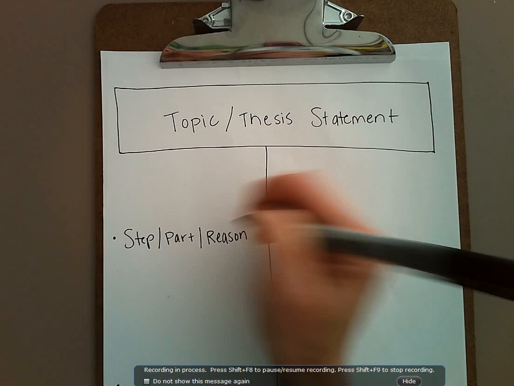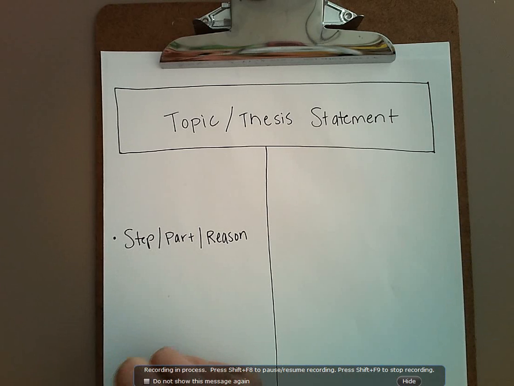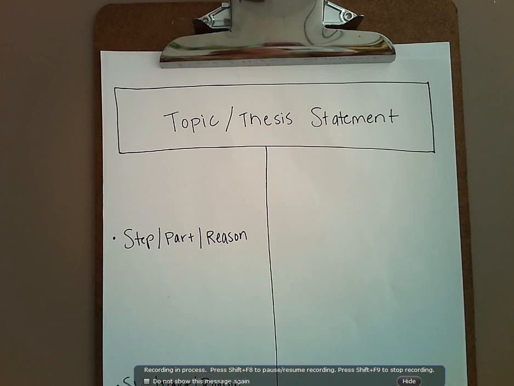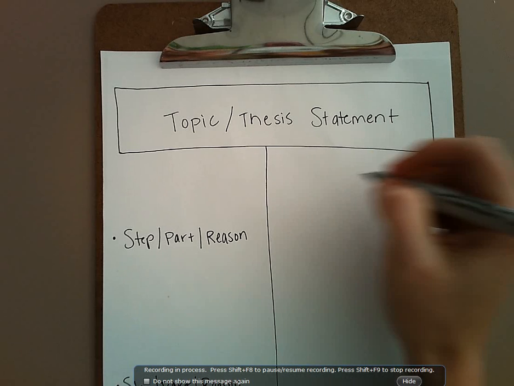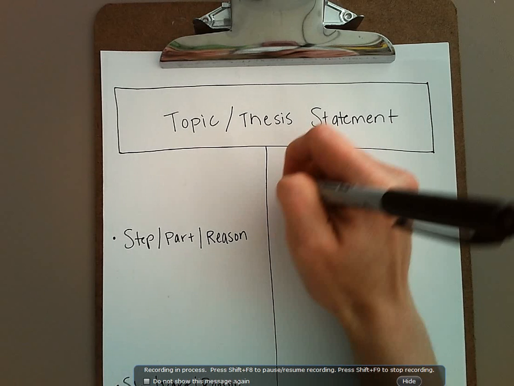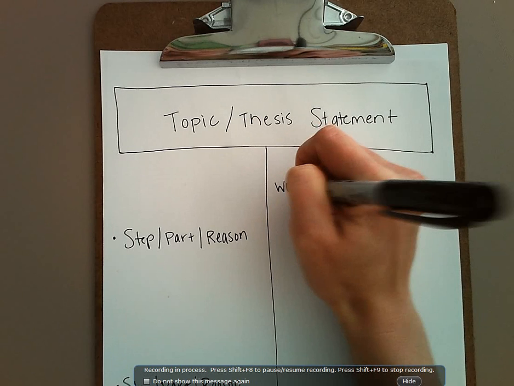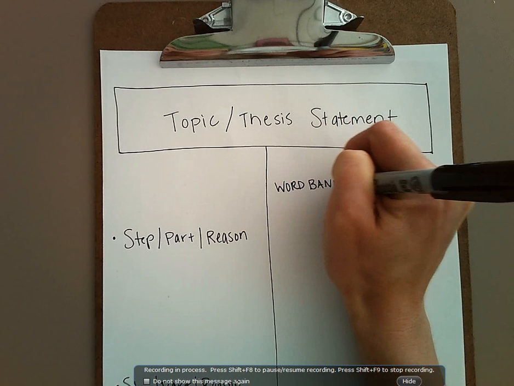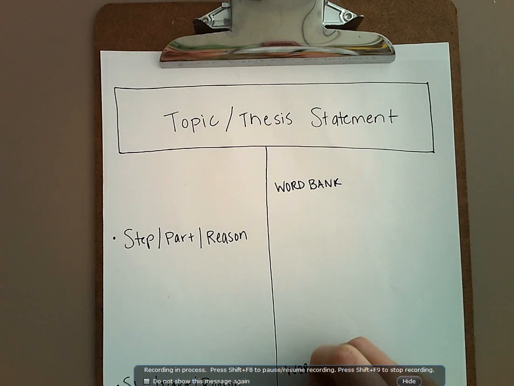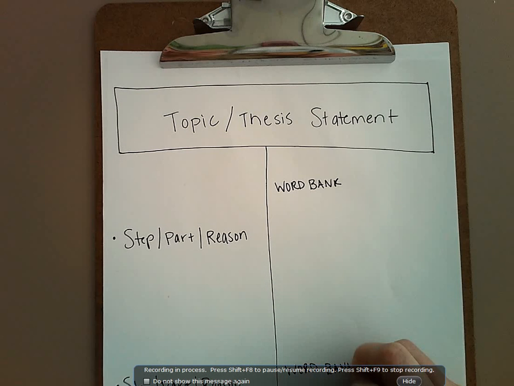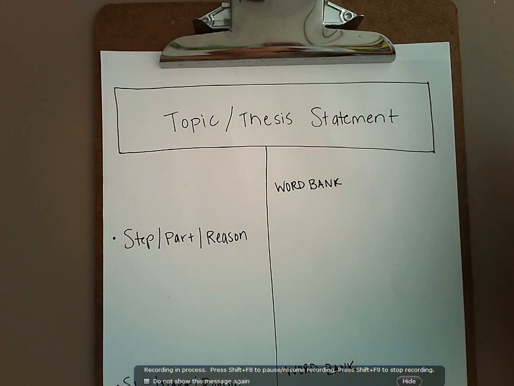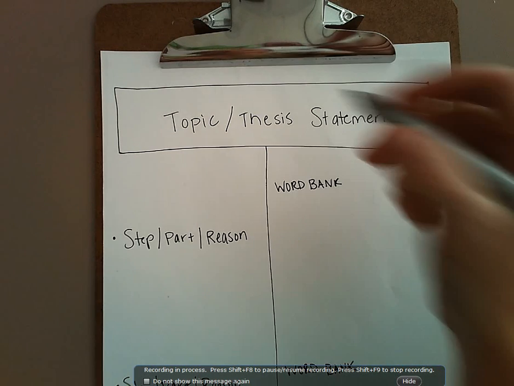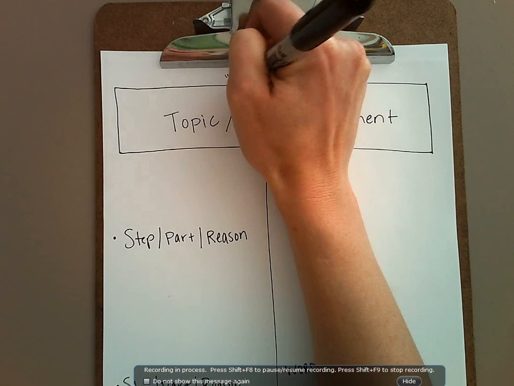And these could go on as many steps or parts or reasons I have. And then over here is going to be your word bank. And we'll talk about what that means. Your word bank would have any ideas that you need to cover in your essay. All right, so that's the big T. And I'll give you an idea of how to use it in just a minute.